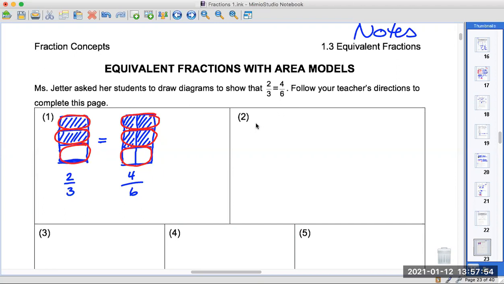And for number 2, I'm going to say show that 2/3 is equal to 4/6 by using the big one.